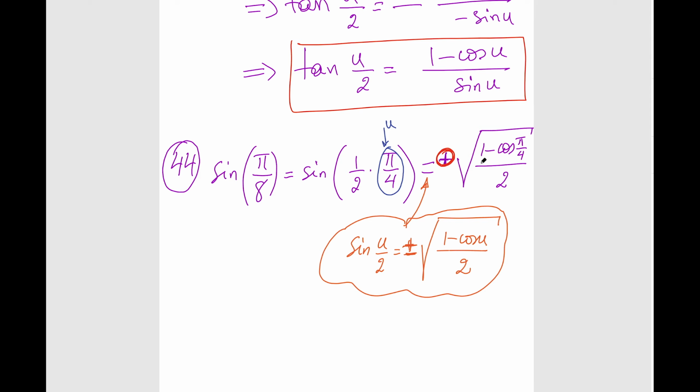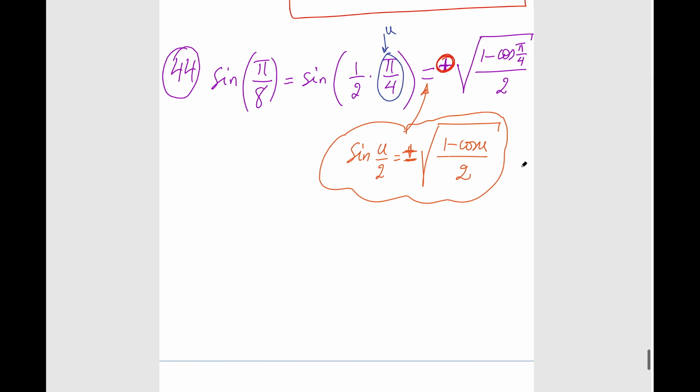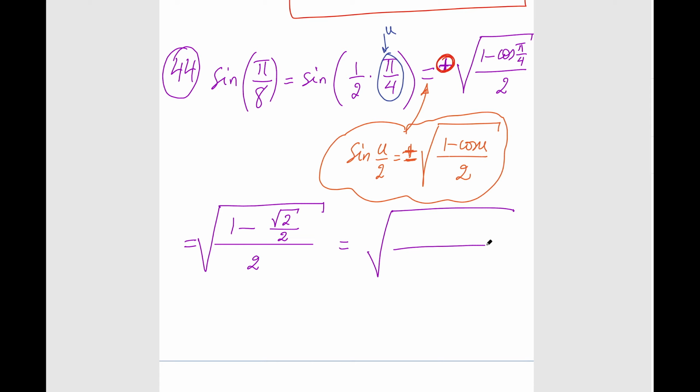Okay, so now we know the sign, and then how about we find each piece? Cosine of pi over 4 is square root of 2 over 2. So that's going to be plus the square root of 1 minus square root of 2 over 2, divided by 2. Why? Because cosine of pi over 4 is square root of 2 over 2. All right, this is a good answer, but again, if you want to simplify it, how about making the same denominator upstairs, which is 2, so we get 2 minus square root of 2, right?